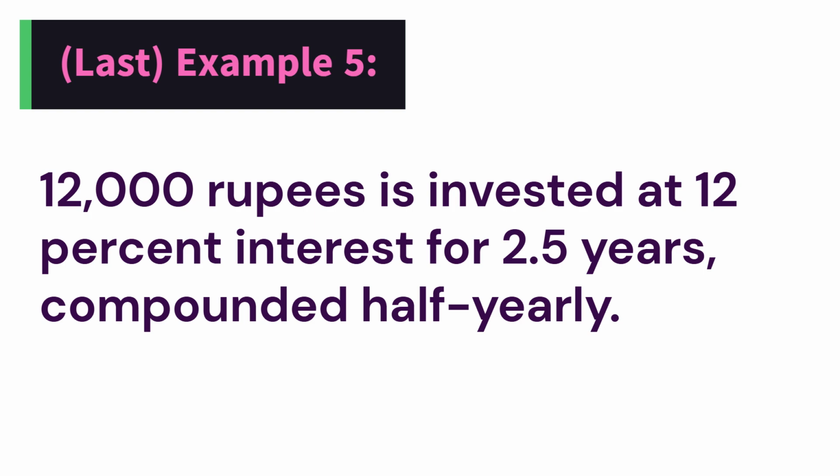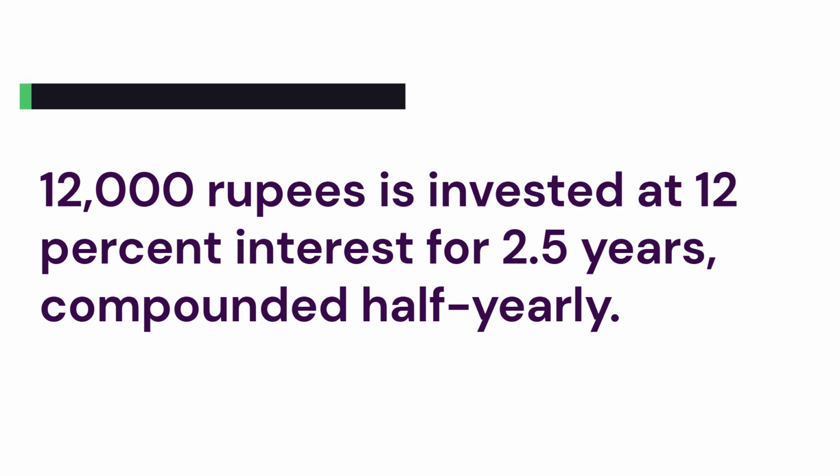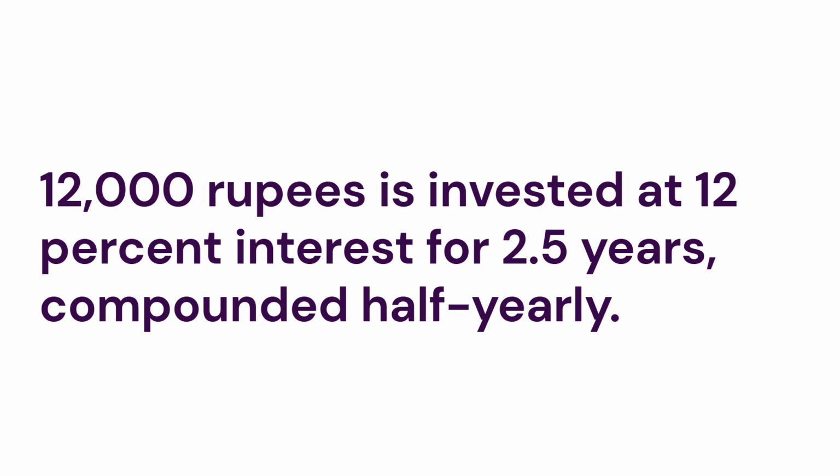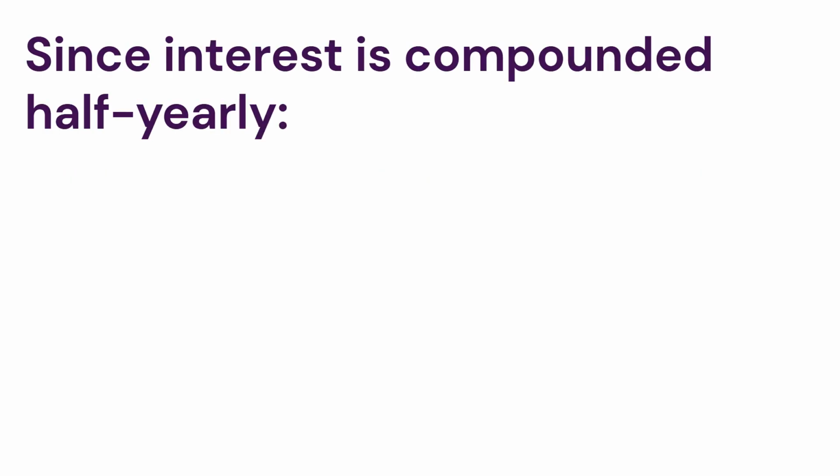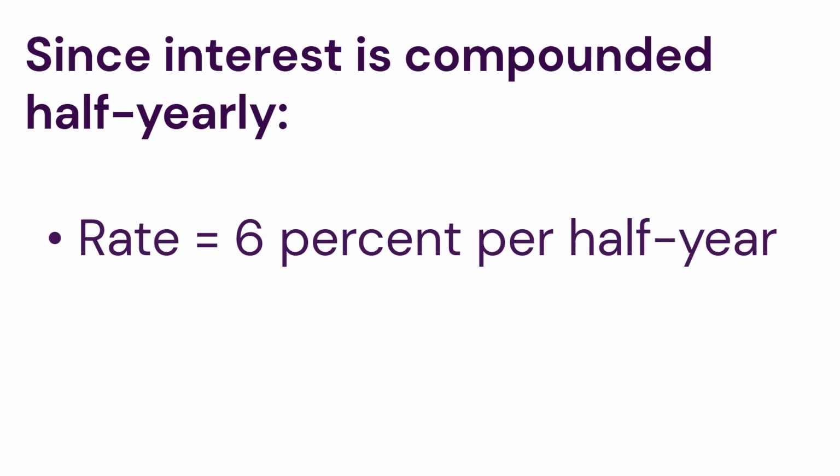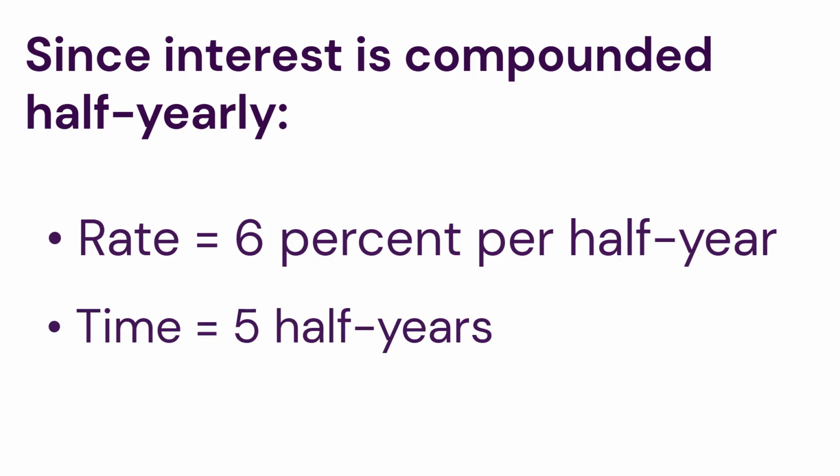Last example. 12,000 rupees is invested at 12% interest for 2.5 years, compounded half yearly. Since interest is compounded half yearly, therefore, rate equals 6% per half year. Time equals 5 half years.